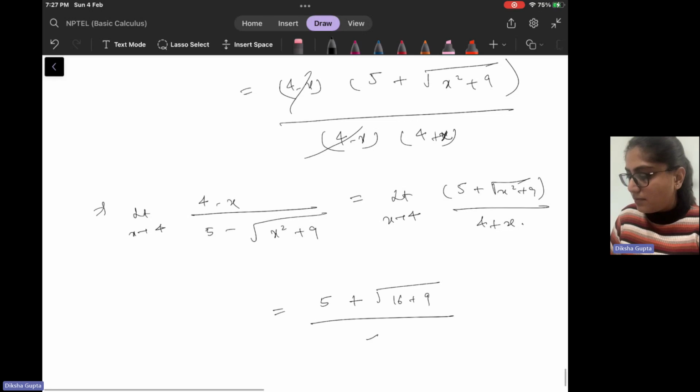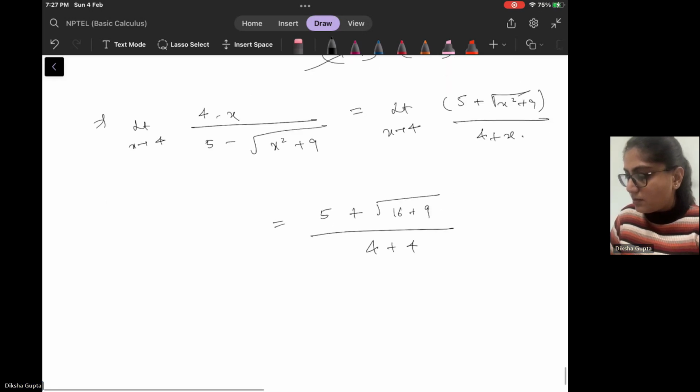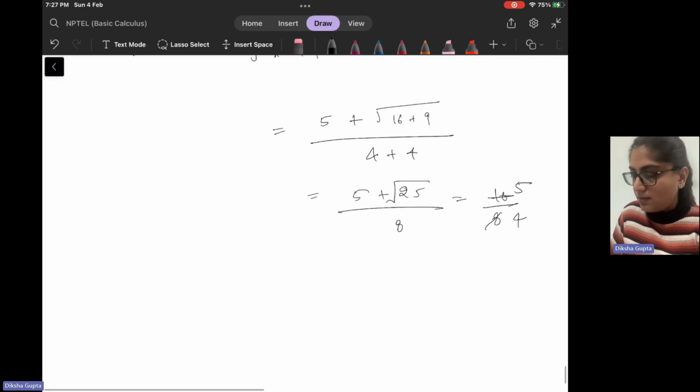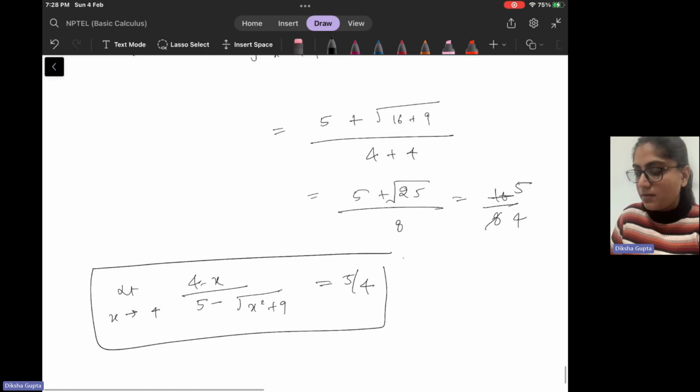That is 5 plus square root of 25 upon 4 plus 4, which is 10 upon 8, which is 5 by 4. So the value of the limit is 5 by 4.